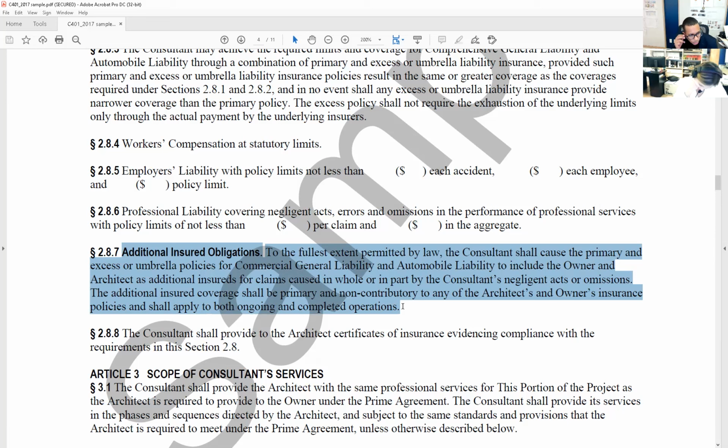The additional insured coverage shall be primary and non-contributory to any of the architect's and owner's insurance policies and shall apply to both ongoing and completed operations.